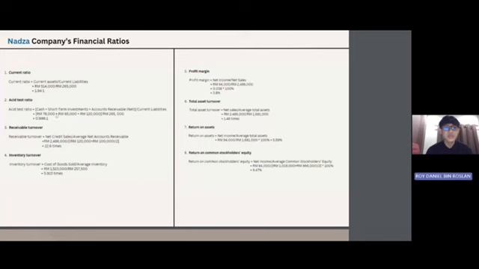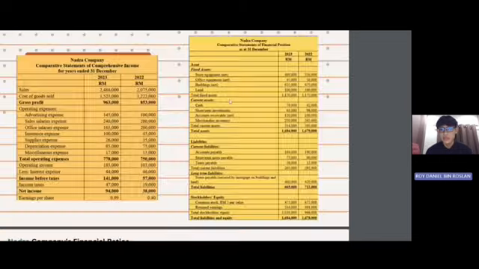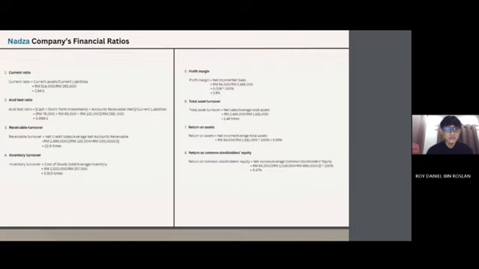You can get the cash, short-term investments, and accounts receivable from the current assets on the right, and the current liabilities again from here. The answer is 0.996 ratio to 1.